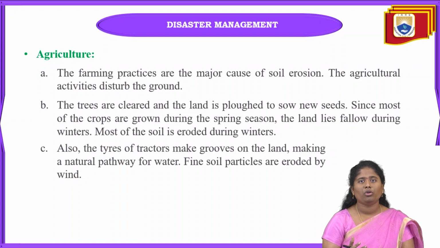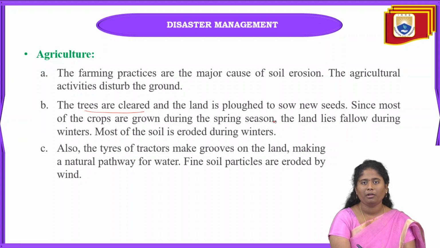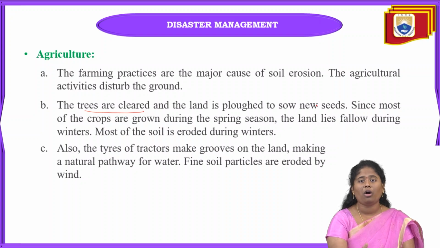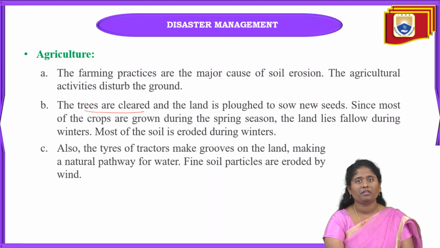If we want that area to be agricultural fields, trees have to be cleared first of all, and next the land has to be plowed so that after plowing they can sow new seeds. When these crops are grown during the spring season, the land lies fallow during the winter season.